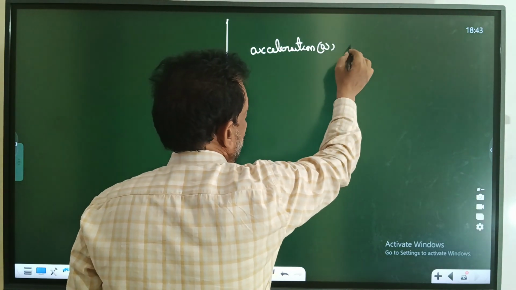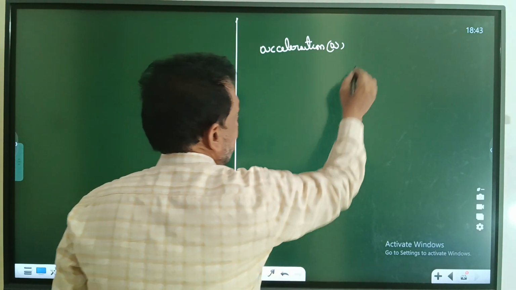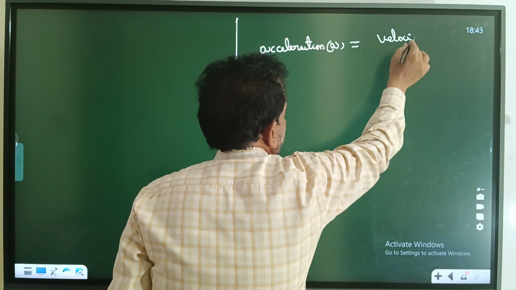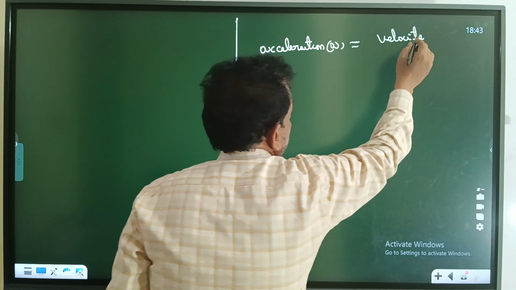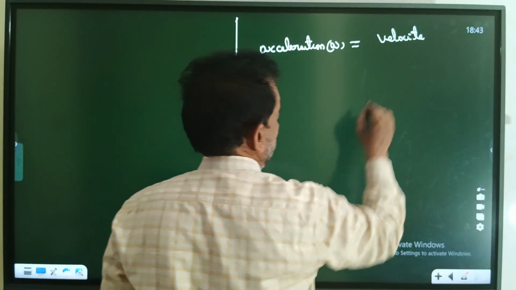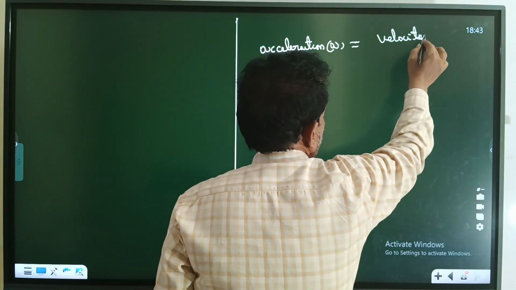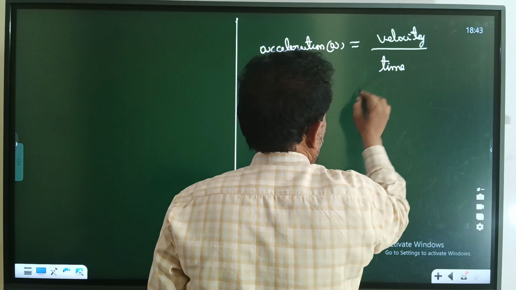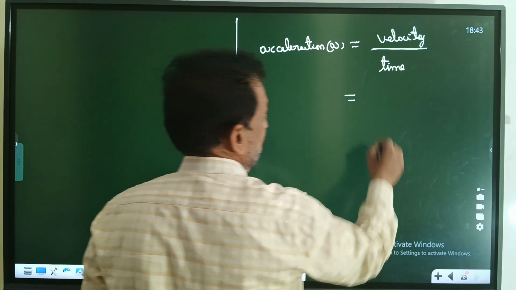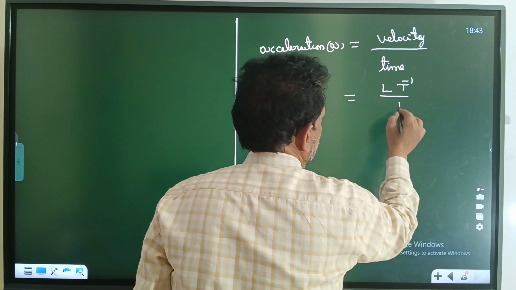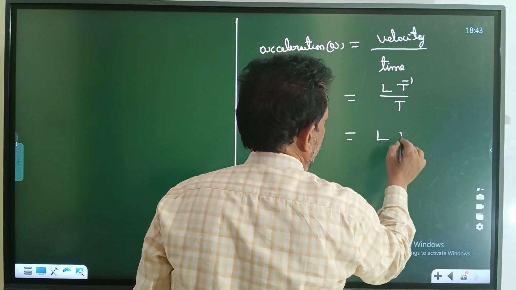Acceleration is the rate of change of velocity, velocity by time. What is the velocity? L t to the power of minus 1. That gives you L t to the power of minus 2.